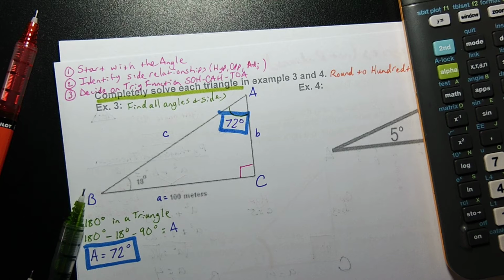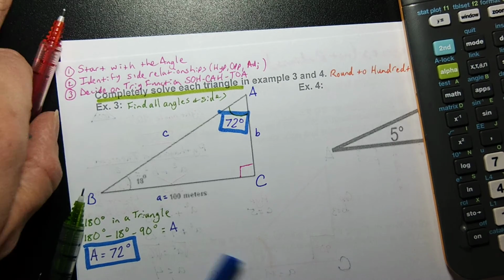Now, we have all three angles, but now we need to find the missing sides, B and C. Why doesn't Pythagorean theorem work for us here? We only have one side. One equation, two unknowns, that's not going to work out too well for us. So we can't use Pythagorean theorem, and I want you to write this so that you remember.